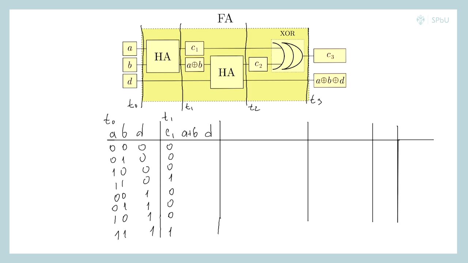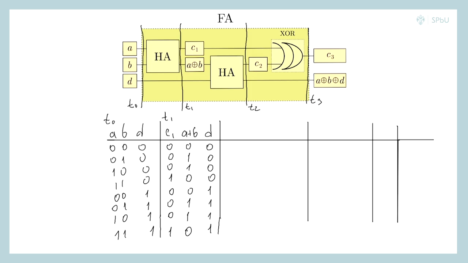Bit a plus b equals 0, 1, 1, 0, 0, 1, 1, 0, and the bit d is still unchanged. So 0, 0, 0, 0, 1, 1, 1, 1.